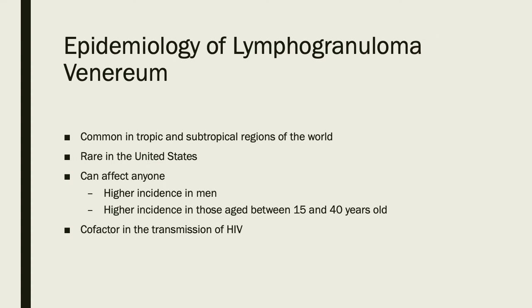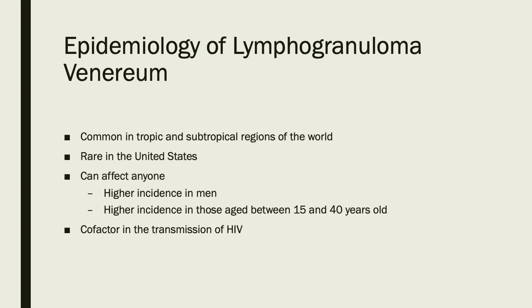Lymphogranuloma venereum is common in the tropical and subtropical regions around the world. It is rare in the United States. Lymphogranuloma venereum may occur at any age, however, the highest incidence of the disease is in the sexually active population between 15 and 40 years old. Lymphogranuloma venereum probably affects both sexes equally, although it is more commonly reported in men because early manifestations of lymphogranuloma venereum are more apparent in men.